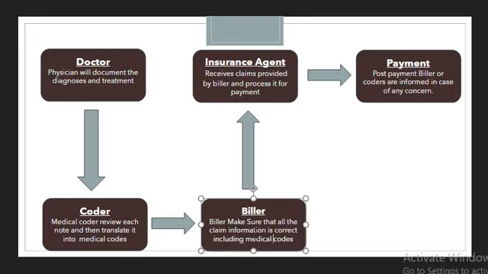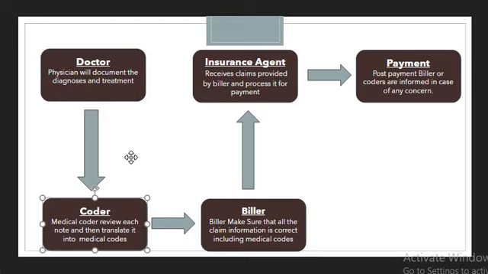If there is any issue or concern with the medical codes, he can directly reach out either to the coder or the doctor. As I told you, if the insurance agent is working as a mediator, then he will perform his role as mediator. Let's say if there is something wrong with the code, he can reach out to the insurance agent, then the insurance agent will reach out to the coder and vice versa.